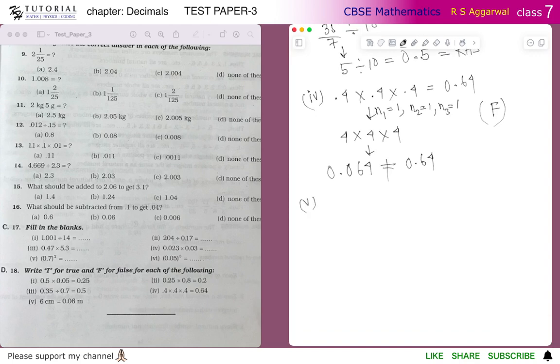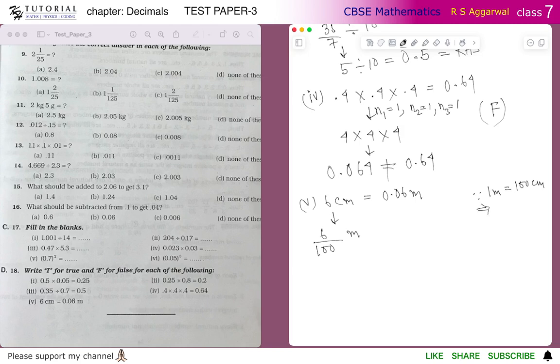Let's do the last question, that is 6 centimeter equals 0.06 meter. Okay, let's see the left hand side. Now 6 centimeter, we know that it will be 6 by 100 meter, because we know that 1 meter equals 100 centimeter.